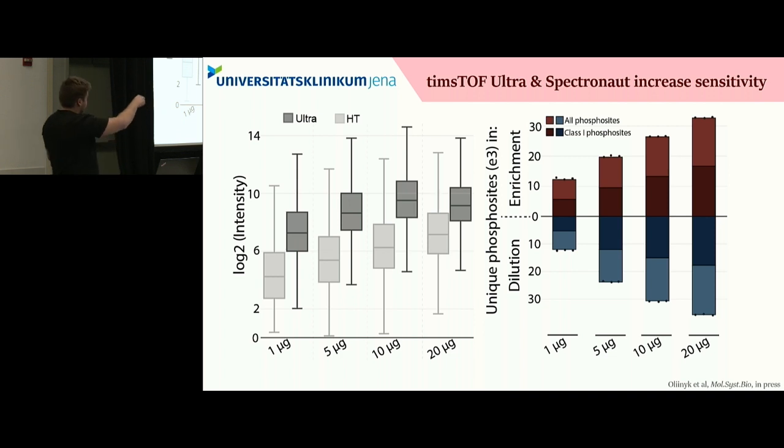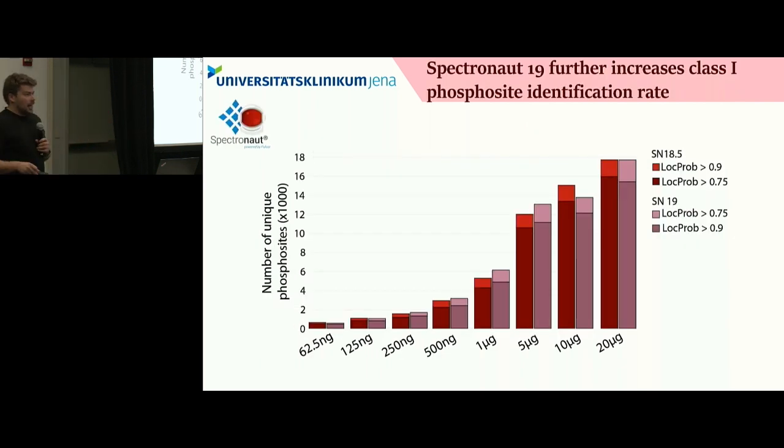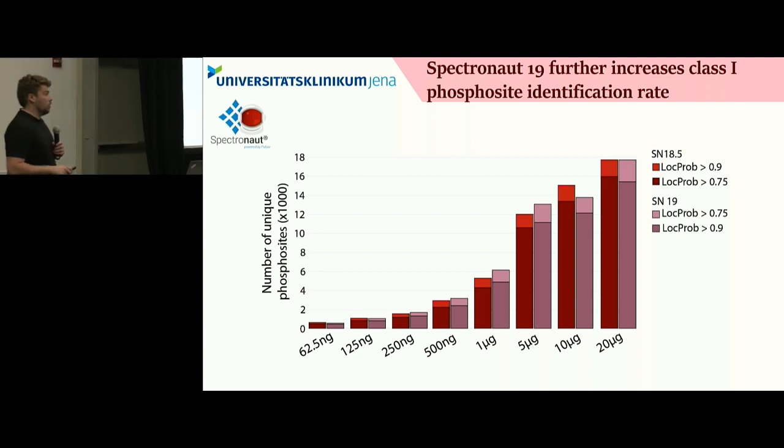And well, this analysis was done on Spectronaut 18. Spectronaut 19 actually increases the number of significantly localized phosphopeptides over the very wide range of the enrichment. So, for example, from just 62.5 nanogram of starting protein material, we can identify a little bit less than 1,000 class 1 phosphopeptides.